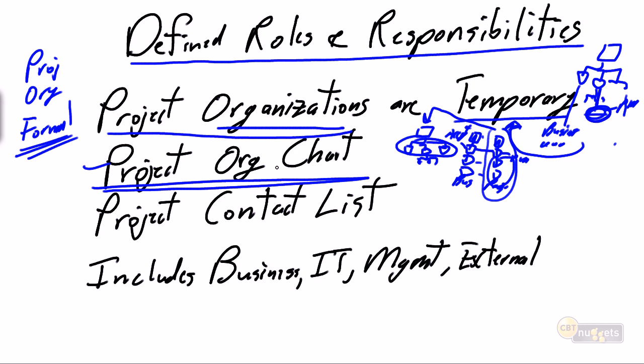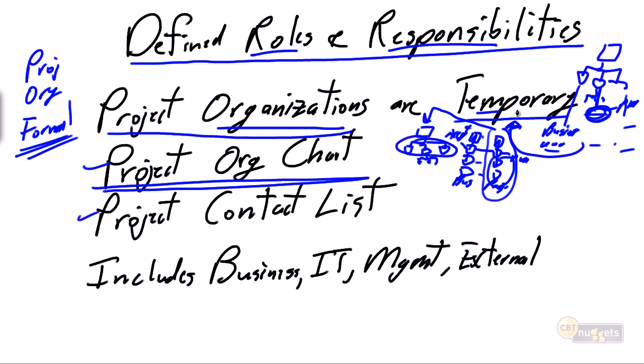So, a couple of project organization charts, but it's very important that we have these so that everybody understands the roles and the responsibilities, who they report to, who they go to for clarification, and how they are expected to interact within the confines of the project, recognizing that I'm pulling people in from multiple spots in the organization.